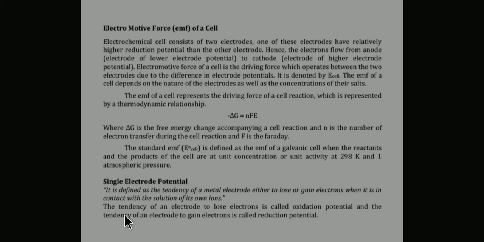Okay, so the tendency of an electrode to lose electrons, that process is called oxidation, and whenever you are gaining some number of electrons, that reaction is called reduction. So this oxidation and reduction process takes place simultaneously. Both depend completely on each other.